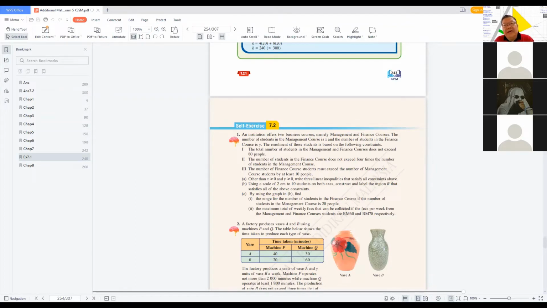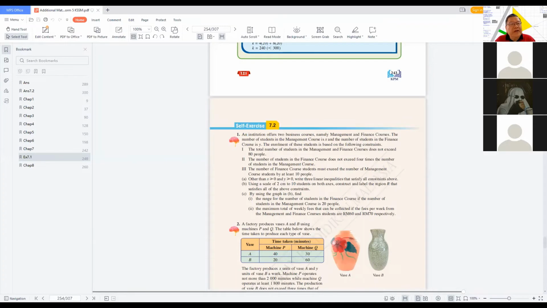Now, other than the type of courses and the number of students taking the course, what are the other factors that affect them? The other factors may be the number of workers, the total fees paid, and so on.